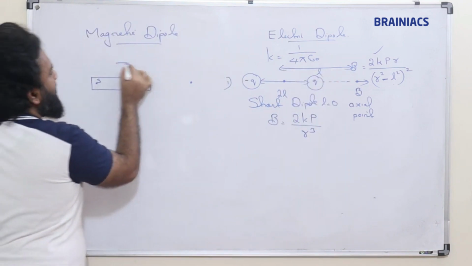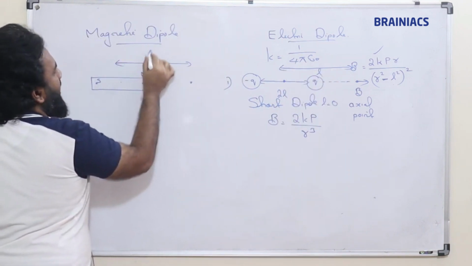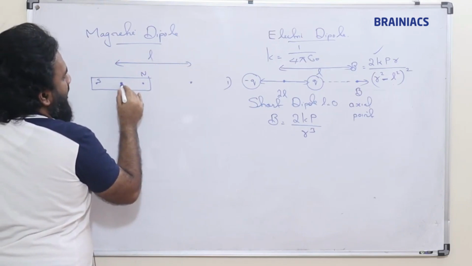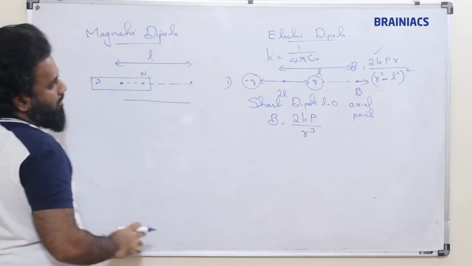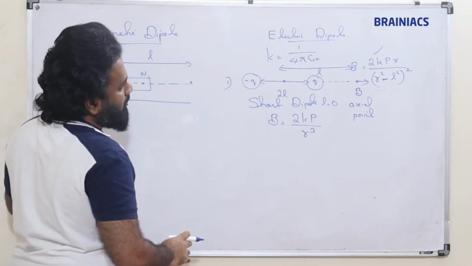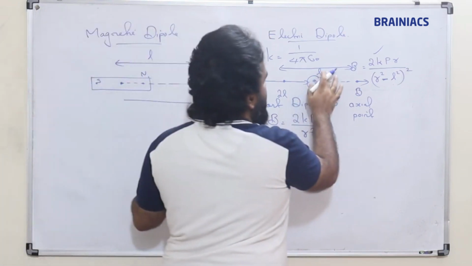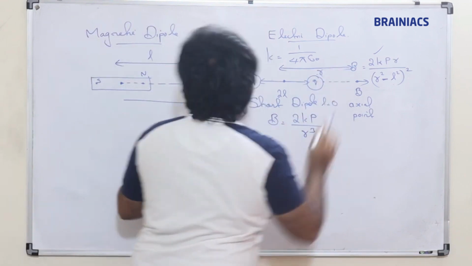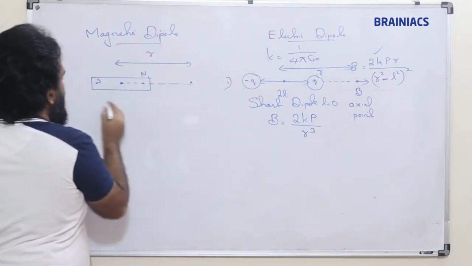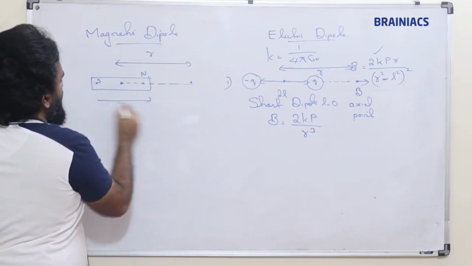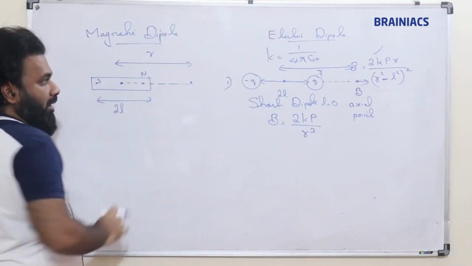So here also from center, I will be taking this length L and this distance, I'm sorry, this is R. Okay, fine. Now this distance is R.